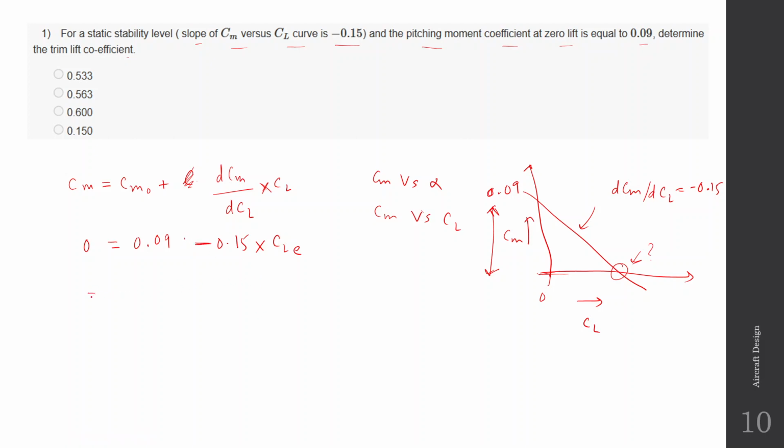If we solve this, we get CLE equal to 0.09 by 0.15, and this comes out to 0.6. So the answer is the third option, which is 0.6.